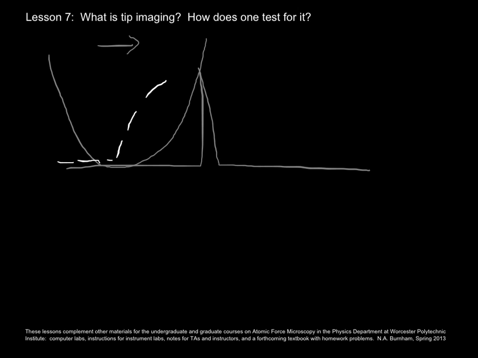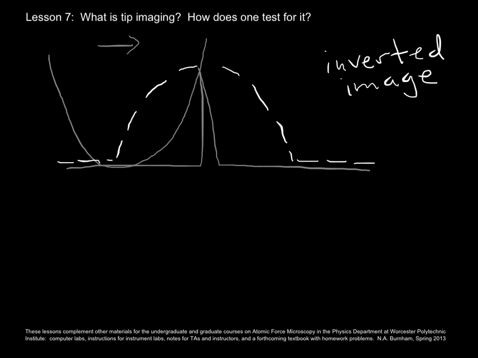So the profile that you will get in your topography image will be roughly like this, such that your image is not an image of the sharp feature, but rather it's an inverted image of the tip. In other words, it's the smaller feature that does the imaging, and the larger feature gets imaged.